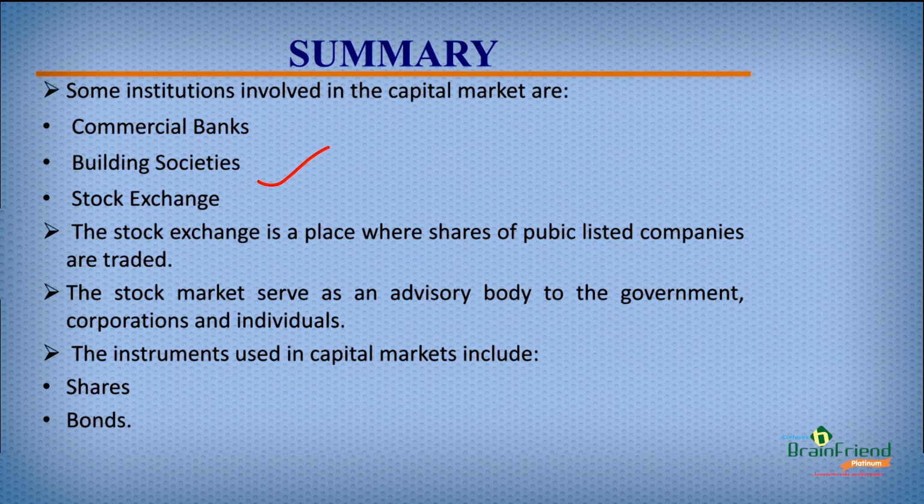Next, we learned that the stock exchange is a place where shares of public listed companies are traded. Going on, we learned that the stock market serves as an advisory body to the government, corporations, and individuals. And lastly, we learned that the instruments used in the capital markets are shares and bonds.